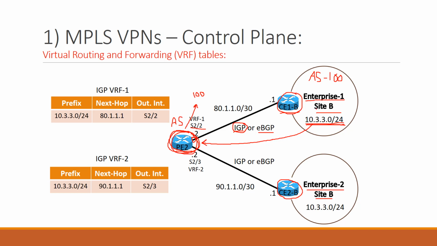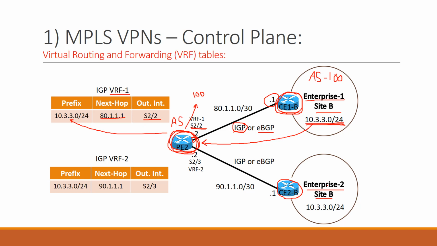So when enterprise 1 customer edge 1-B router advertises this subnet and PE2 learns about it, it will add this route to the dedicated VRF, which is called VRF1 for Enterprise 1, with next hop 80.1.1.1, this next hop, and output interface serial 2/2.